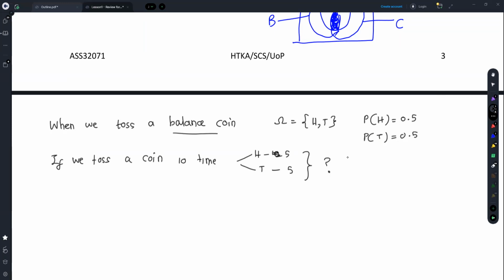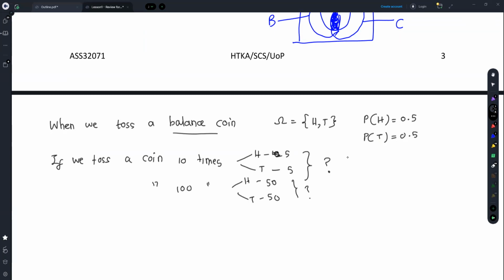Do we get it all the time? No, madam. If you toss a coin 100 times, can you get exactly 50 heads, 50 tails? Can you get it?